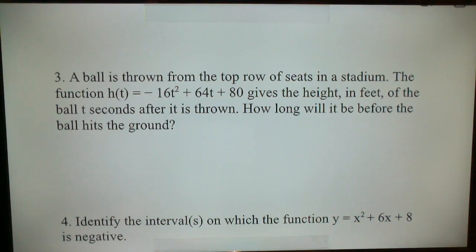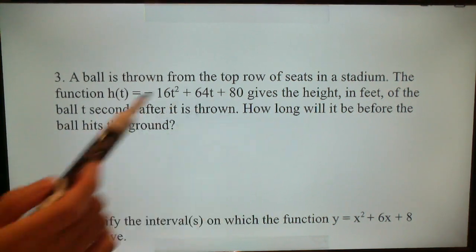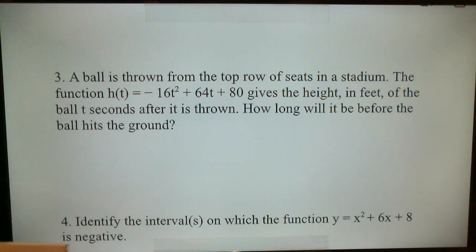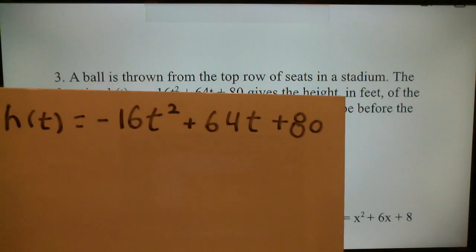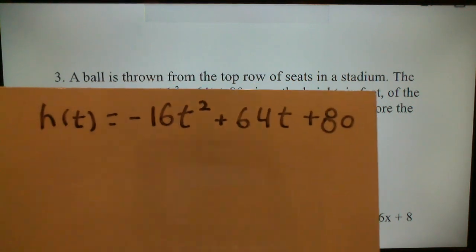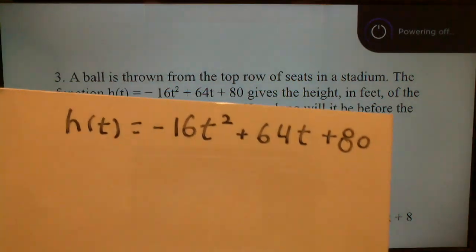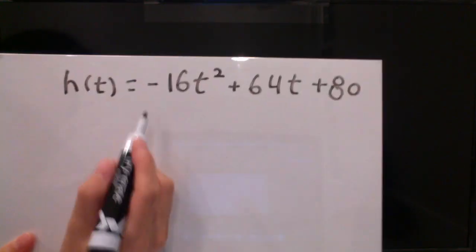Number 3. So let's see the function here. So the ball is dropping down, and we need to find out how long it would be before the ball hits the ground. So right here, we'll factor this.